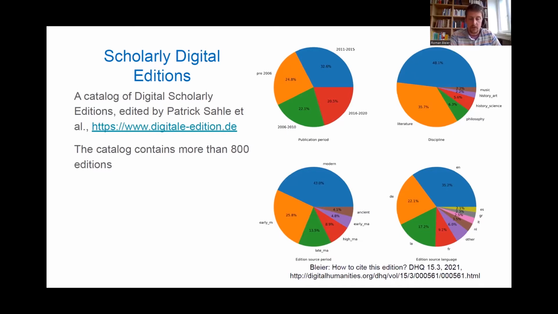There are a lot of interesting things to see here, among others the bias towards German and English editions that Sahle also mentions. But I was also surprised that nearly 50% of the digital editions cataloged by Sahle had the assigned discipline history. You can see this on the diagram on the top right side.